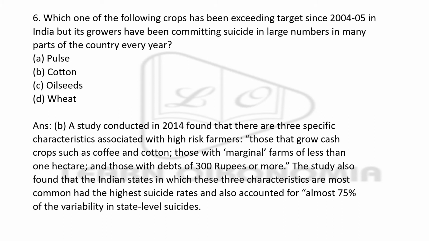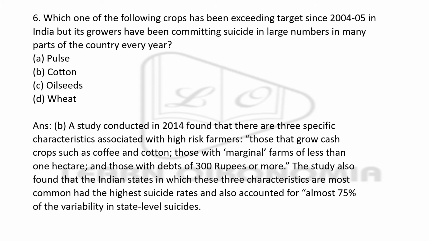Okay, option B. Here what happens is that there was a study conducted in 2014, and as per the study, three specific characteristics were associated with farmers who have a high risk of suicide. Those who grow cash crops such as coffee and cotton are in the risk panel, and also those with marginal farms of less than 1 hectare, and also those with debts of 300 rupees or more.